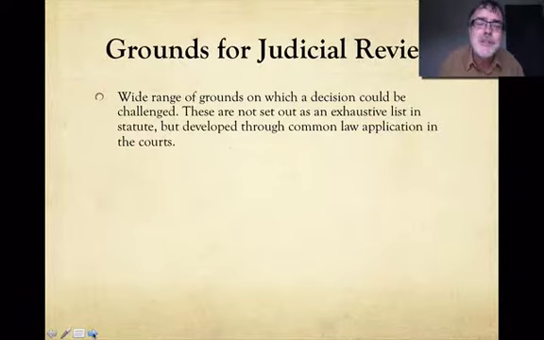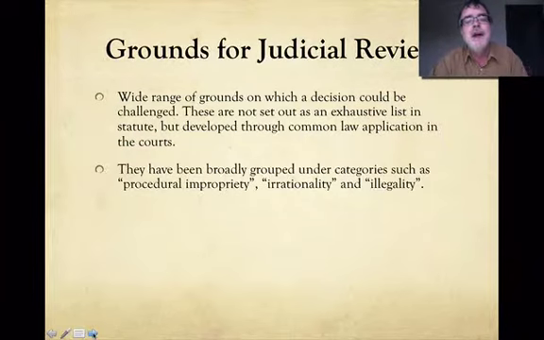It's not an exhaustive list in statute, but it's developed through common law application, through the courts, through legal processes, and this is how things are ruled. But people have broadly grouped these sorts of questions under three categories: procedural impropriety, irrationality, and illegality.